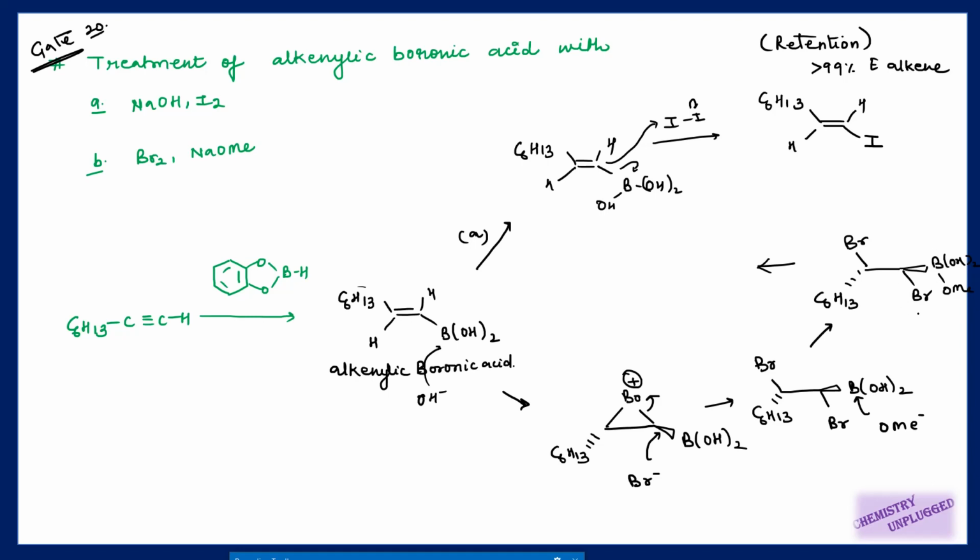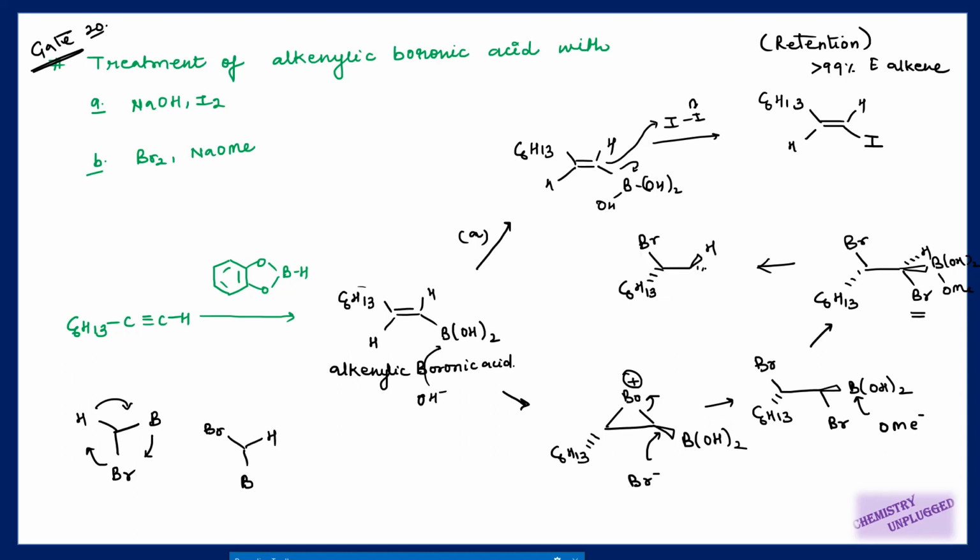Now we again have to rotate this carbon to place this boron in place of this bromine. When we rotate it, you can see that here we have bromine above the plane, on the other side we have hydrogen, and above the plane I have boron, and below the plane I have hydrogen, which is not shown here but it is below the plane. I want to place this boron opposite the bromine. So when I rotate it, I get this one.